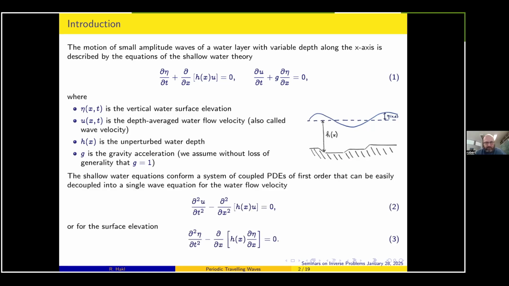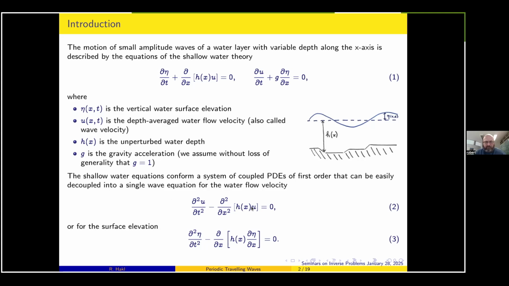These two partial differential equations can be decoupled in the following way. Either we take the partial derivative according to t from the second equation and use the first equation to get equation 2, where only the water flow velocity appears.